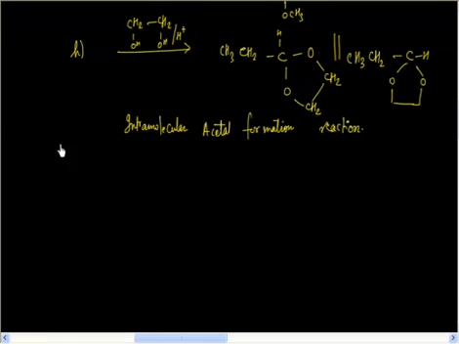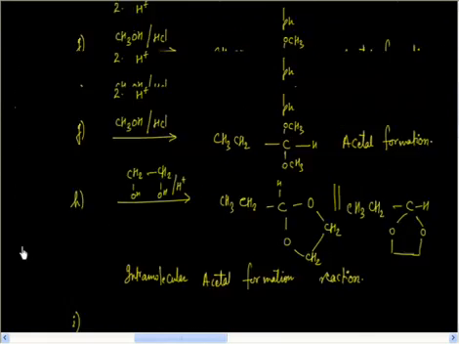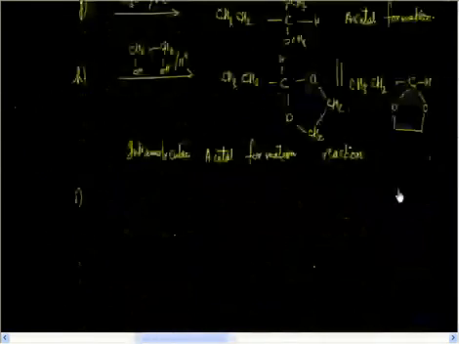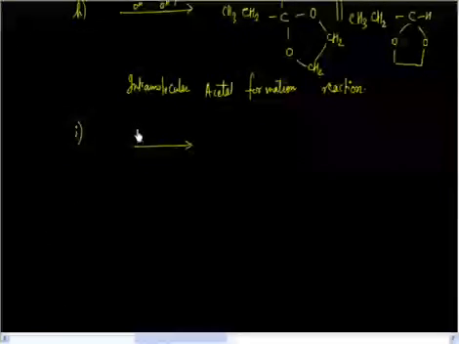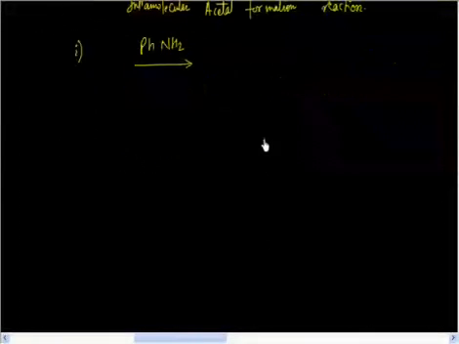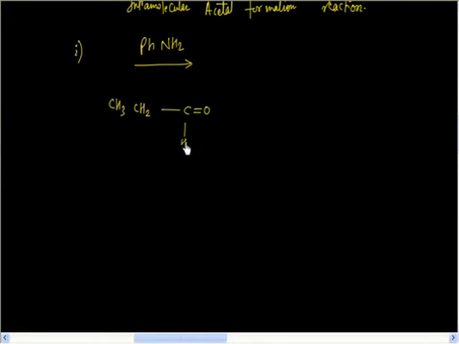Now let us discuss the next, that is I. Let us see what this is. Aniline, PhNH2. This is easy, PhNH2. If you remember, carbonyl compound with PhNH2, what will be the product? If you have some idea, that is CH3CH2, and we have C double bond O and H, and now we have PhNH2, here you have NH2 and Ph.